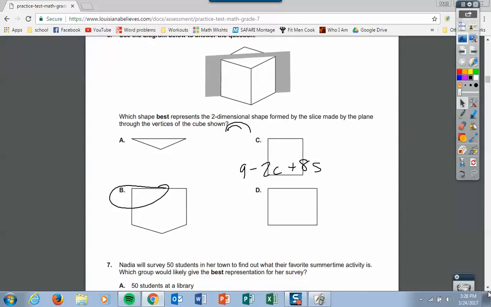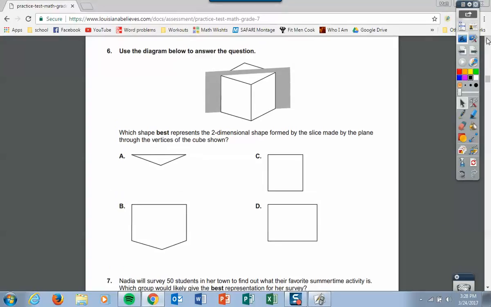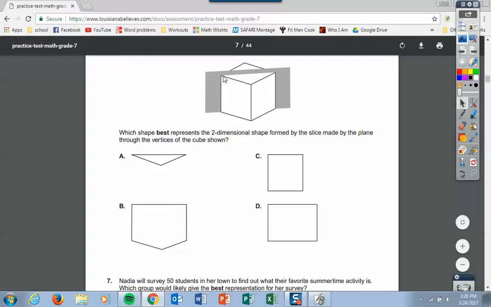So use the diagram below. Answer the questions. What shape best represents the two-dimensional shape formed by the slice made by the plane through the vertices of the cube shown? Well, if you look at the shape that's cutting through here, that is a rectangle.